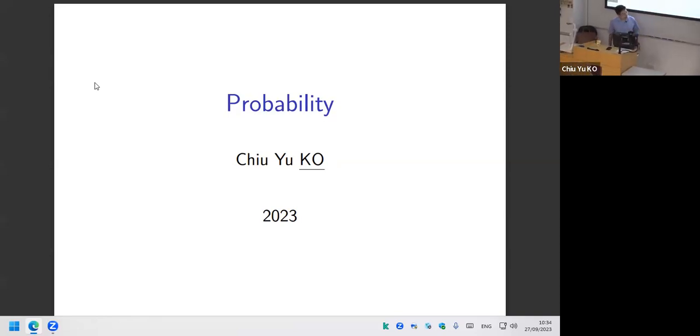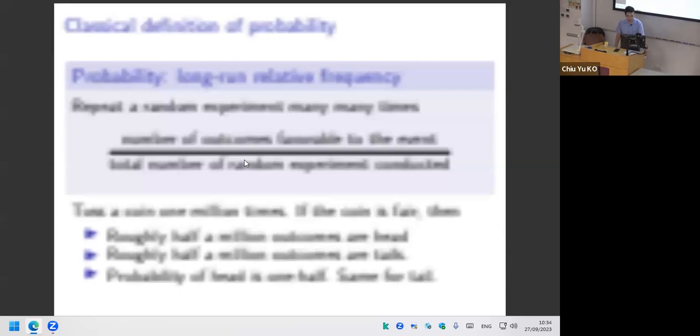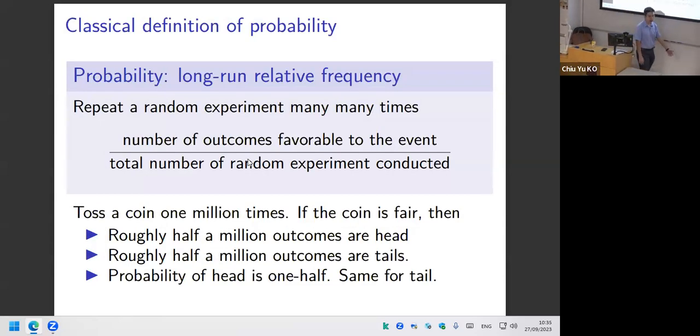Very quickly, we will go over what we have covered in probability, and then we go back to the Bayes rule, because over the weekend it's probably not easy to remember all the details. Probability starts from the idea of relative frequency. You do a random experiment many times, and the ratio of outcomes favorable to the event to the total number of experiments is the probability of the event.